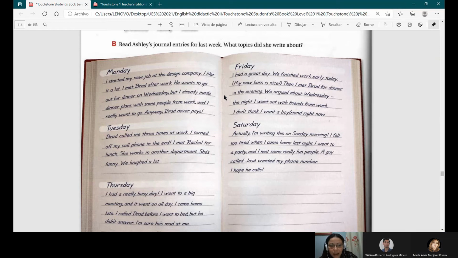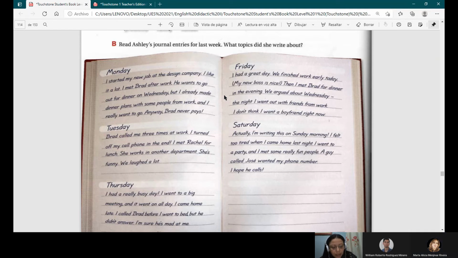It's a really nice journal. This journal is very interesting, as we can see she mentioned many verbs in the past, because in that period of time she carried out her activities and wrote them down in her journal.